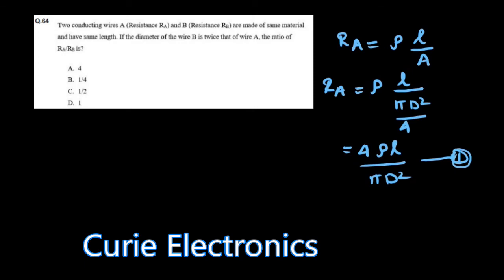And now we want to relate it with RB. Now let me write RA upon RB. RA is 4 rho L upon pi d square.